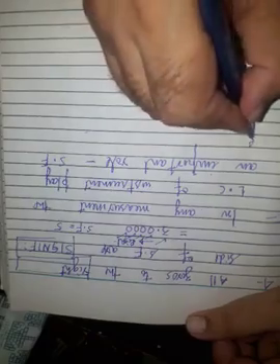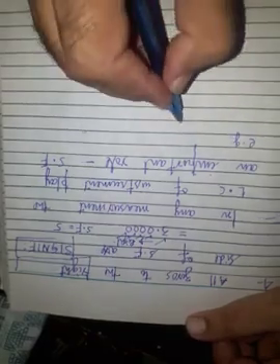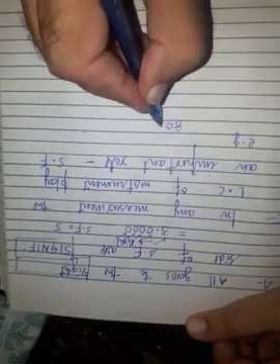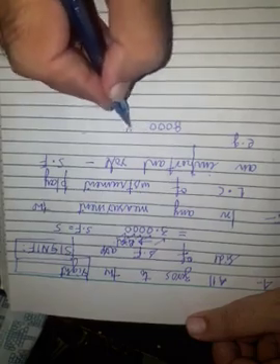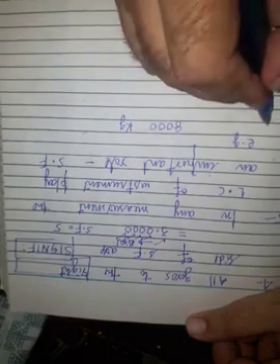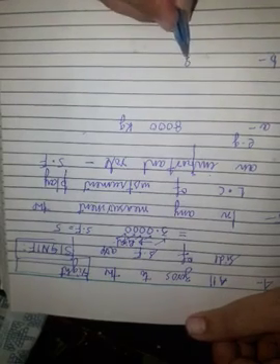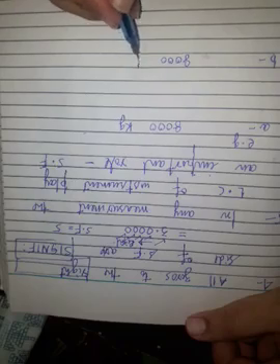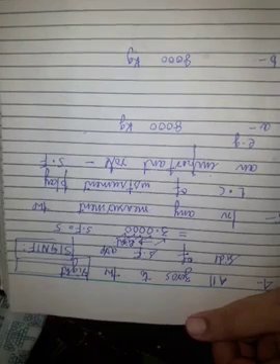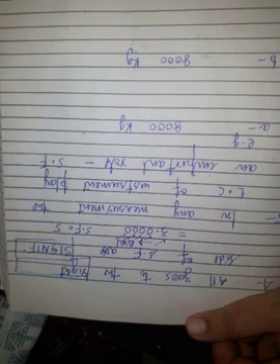For example, we have three readings: 8,000 kg, first reading. The second reading is again 8,000 kg. The third reading is again 8,000 kg.